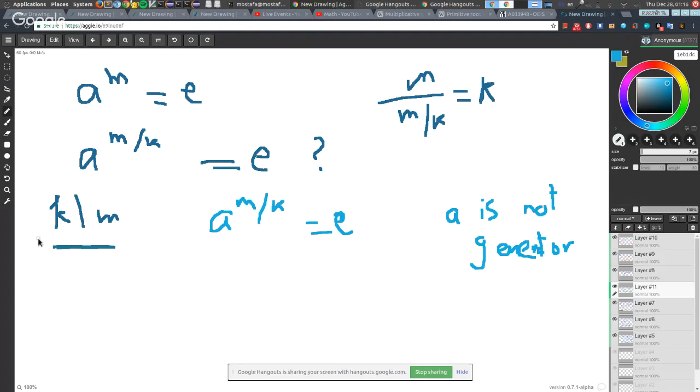Here we also have to make sure that k is not equal to m, so it has to be a proper divisor, not equal to m and not equal to 1.